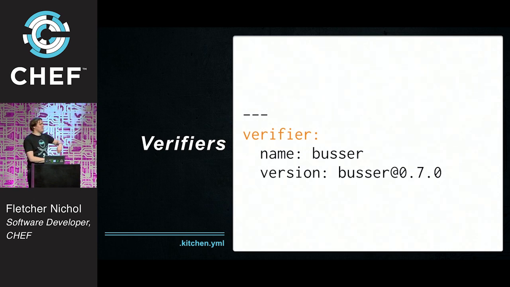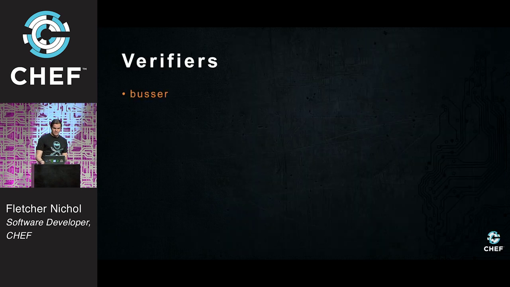But here's an example of maybe you wanted to pin to a particular version of Busser on RubyGems. I think this happens to be the latest one. But if you wanted to do like an RC, if something like that got pushed, you could basically override the version of Busser that's going to get installed. And I think there's a lot more config we can add to that over time to select versions of Busser plugins and that kind of thing.